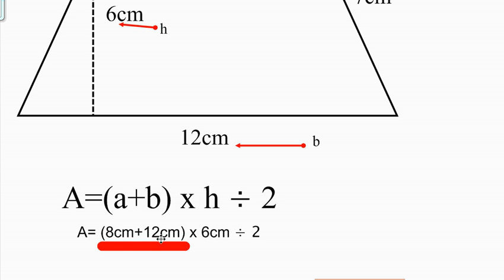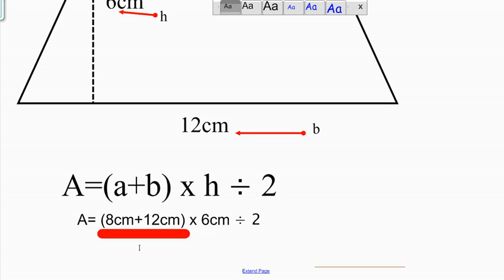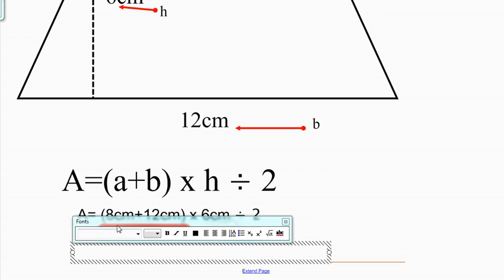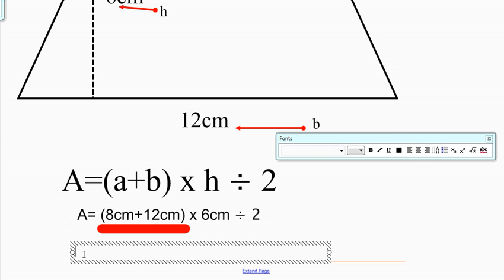So make sure you do everything in brackets first, then we do the multiplication and division. So area equals 8 plus 12, which is 20 centimeters. And then we bring everything else down. Times 6 centimeters. And finally divide by 2.